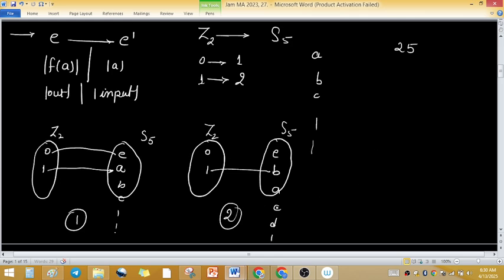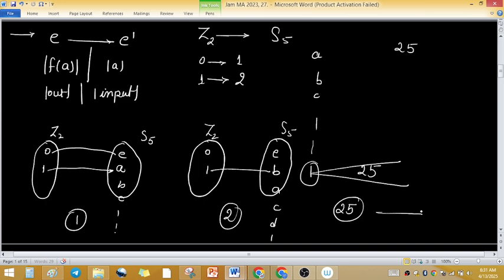So you can check that we have 25 possibilities for 1, because the order of 1 is 2 and there are 25 elements of order 2. So one by one you can take A with 1, B with 1, C with 1. We can arrange in 25 ways. So 25 homomorphisms when 1 goes to an element of order 2.